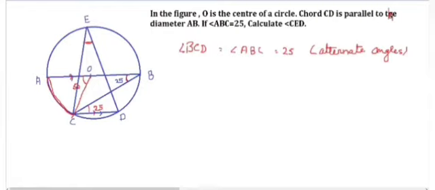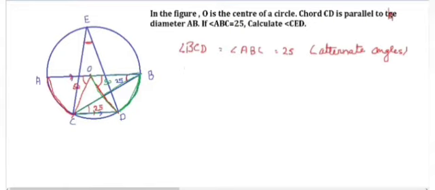Now if I am joining this angle here, same, if I am joining this, this is going to be an isosceles triangle. Now we can calculate this angle also. Here if I am taking this line segment, let us take this green segment. Now this green segment is making 25 on the circumference, so it will make 50 here. So this angle is going to be 50.